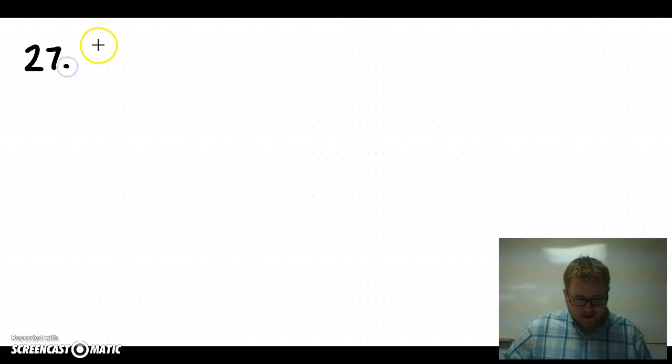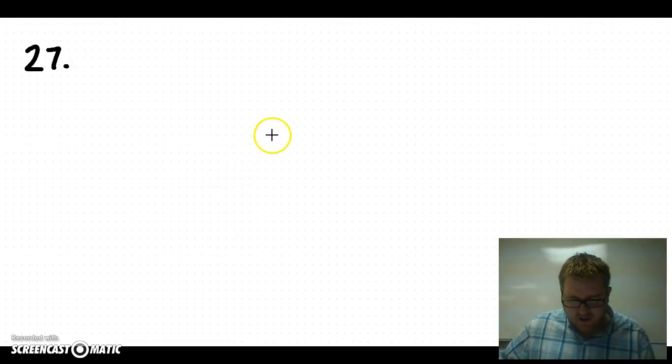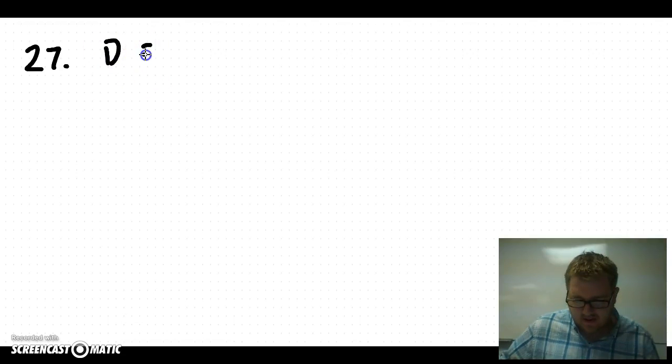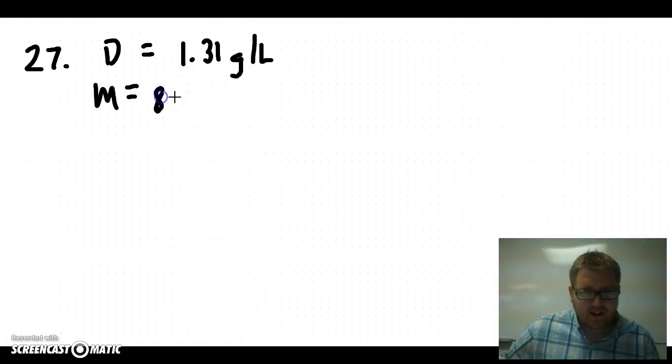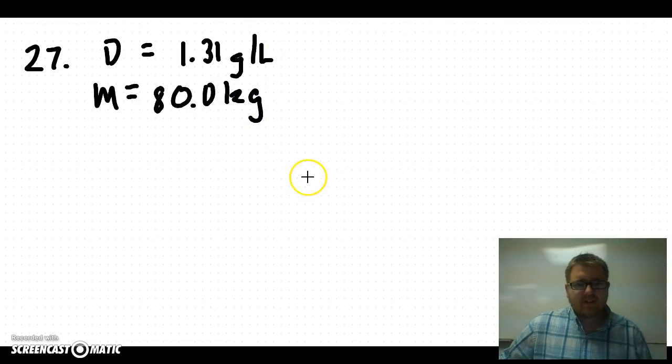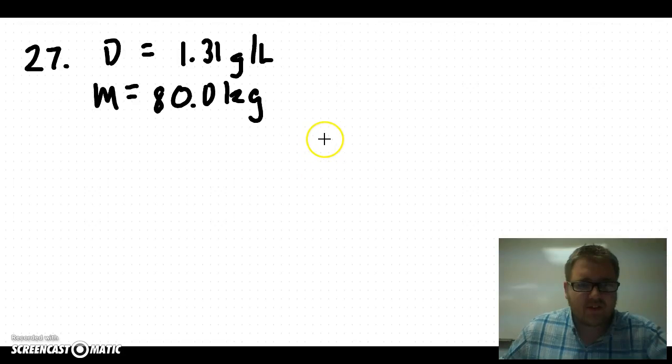Number 27 is a bit of a tricky one. They're saying if air is 21% oxygen by volume, oxygen has a density of 1.31 grams per liter. And we want to know the volume of a room that contains a mass of 80.0 kilograms of oxygen. Notice immediately that density and mass are in different units.